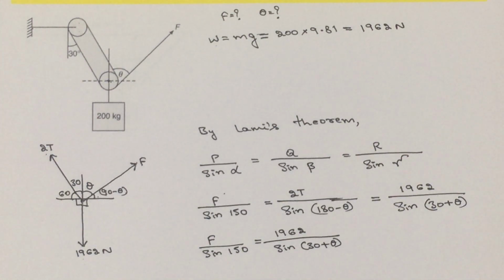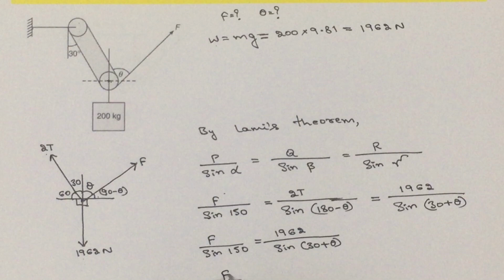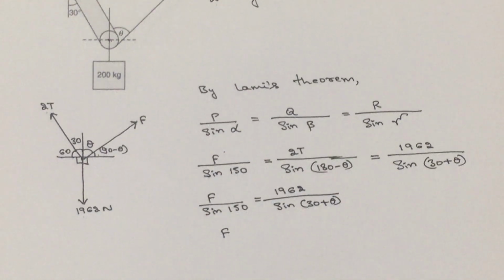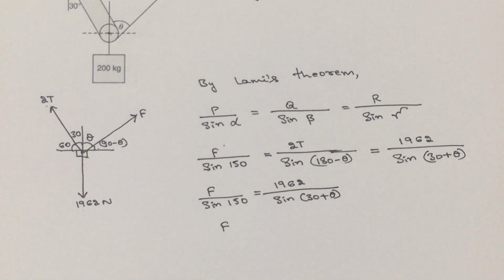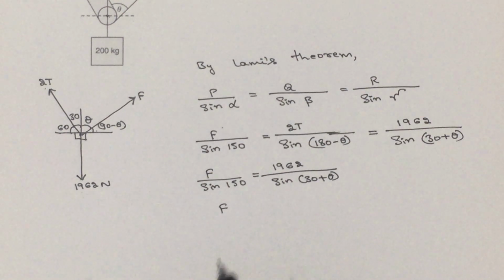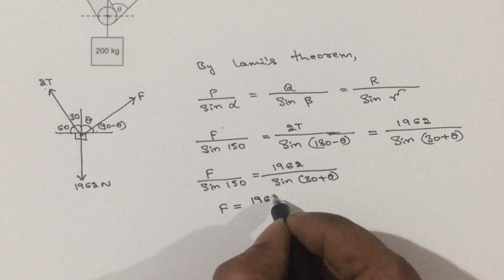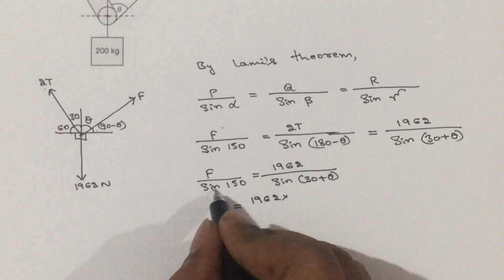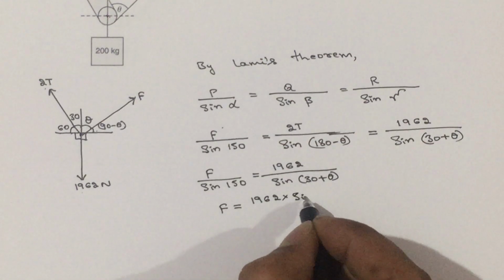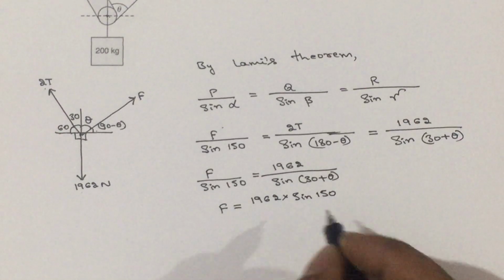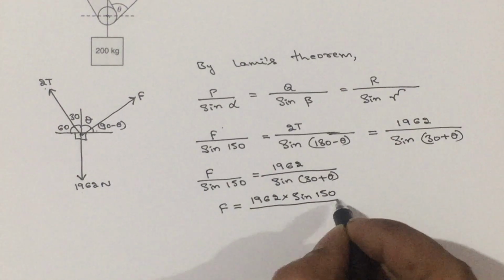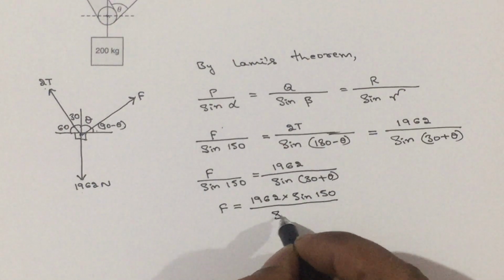So, if we cross multiply, you are going to get F is equal to 1962 multiplied by sin of 150 divided by sin of 30 plus theta.